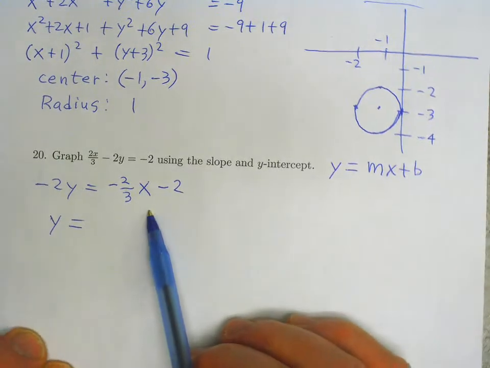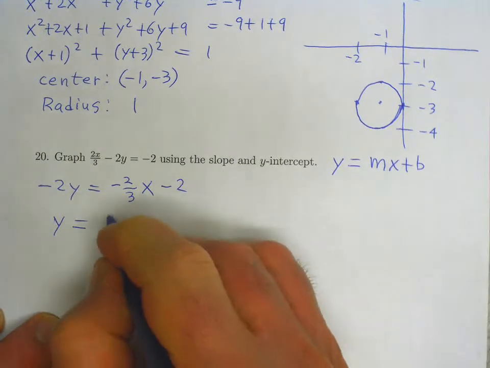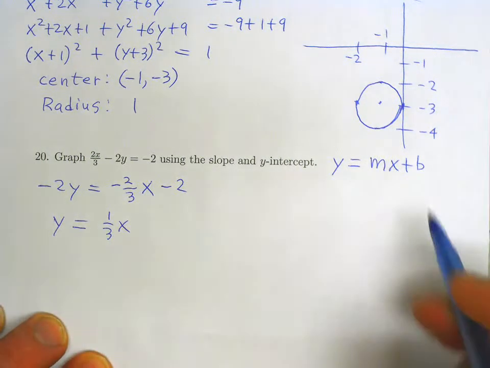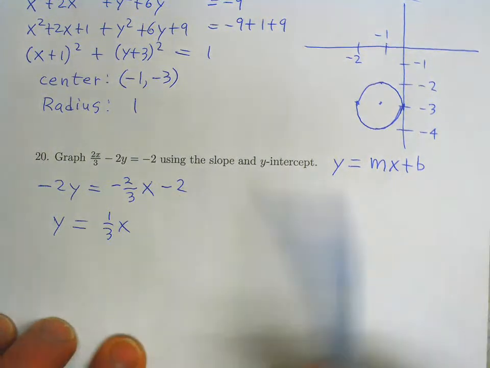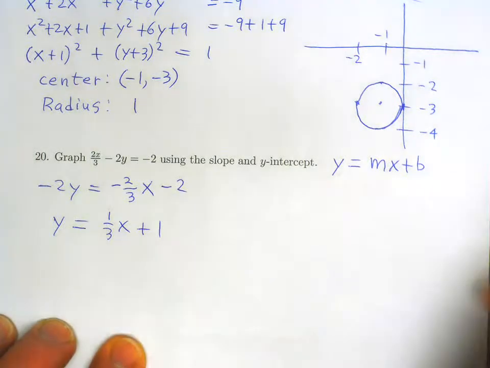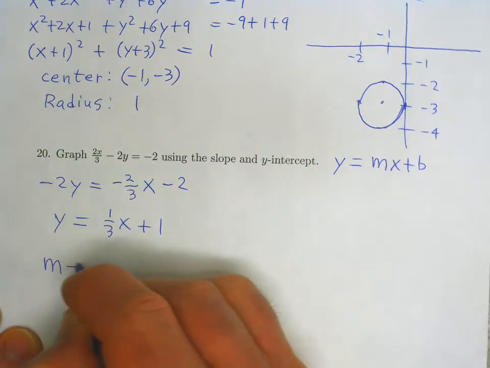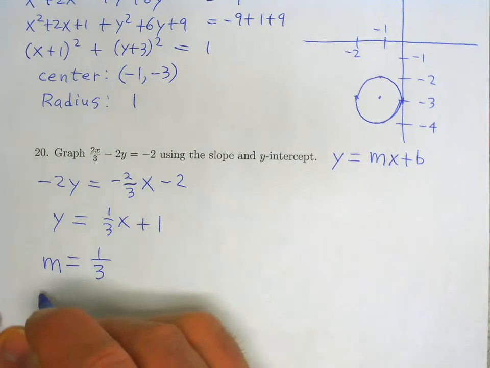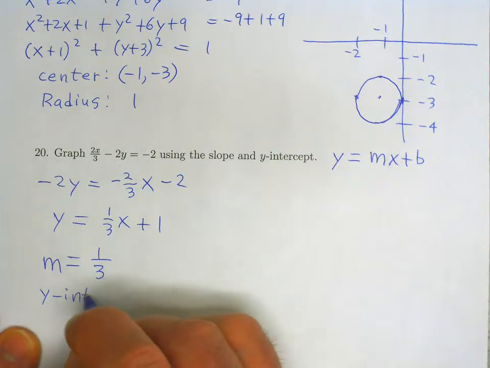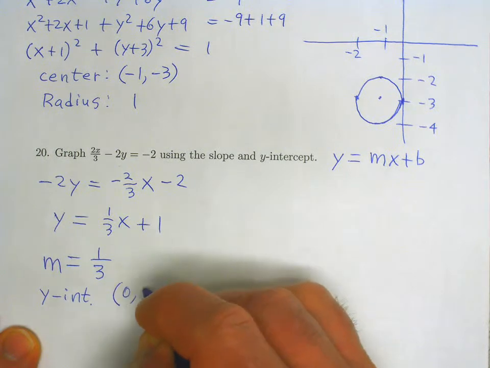Negative 2/3 x divided by negative 2 is positive 1/3 x. And negative 2 divided by negative 2 is positive 1. Okay, so now we can see that the slope is 1/3, and the y-intercept is the ordered pair 0, 1.